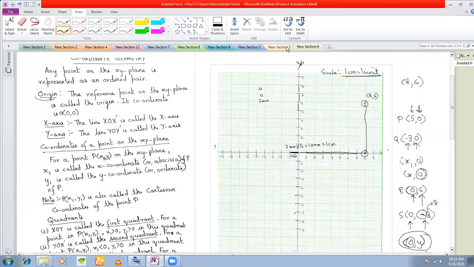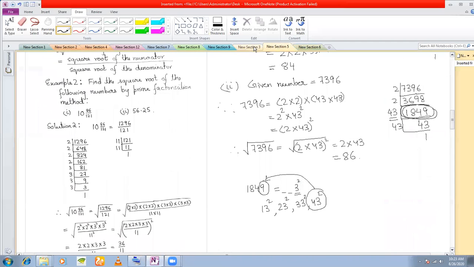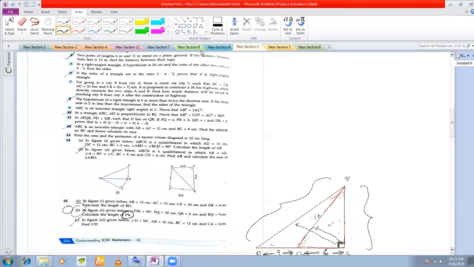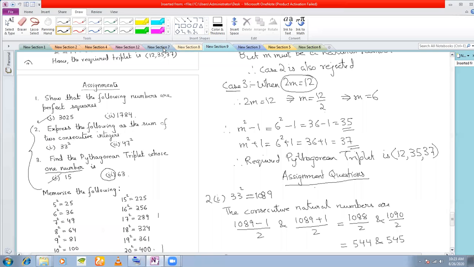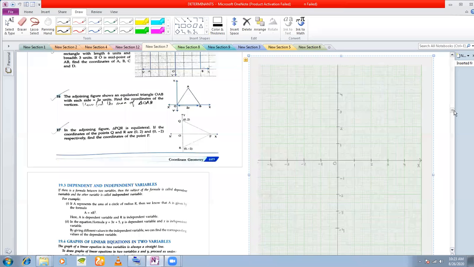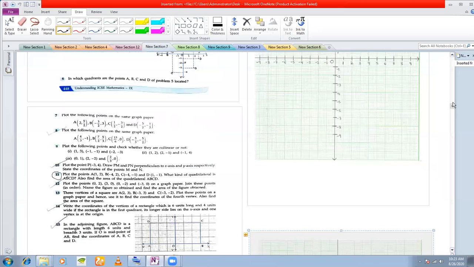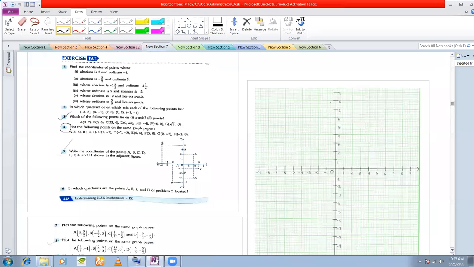Okay, so let us do one question from here. Yes, look at this question. Find the coordinates of the points whose ordinate is 5 and abscissa is -2.